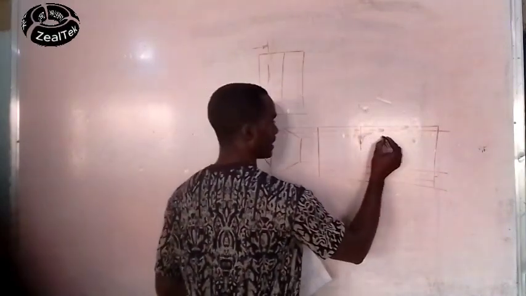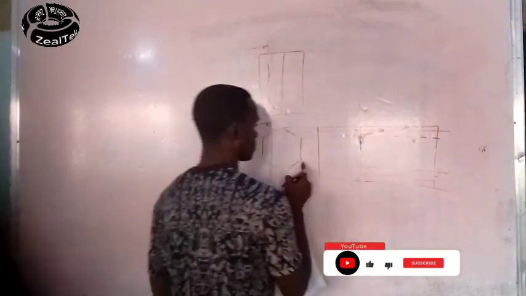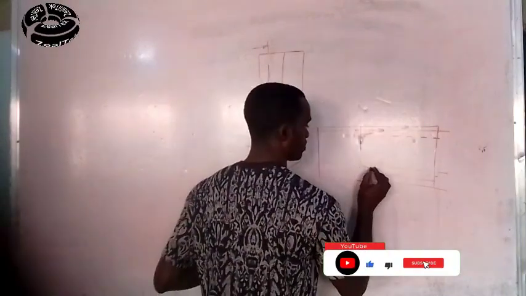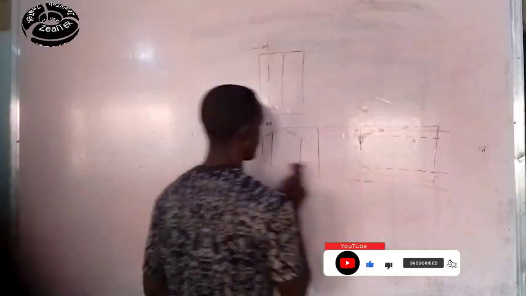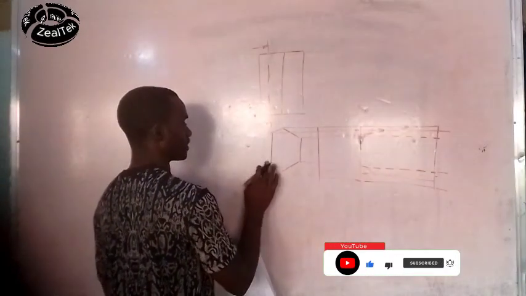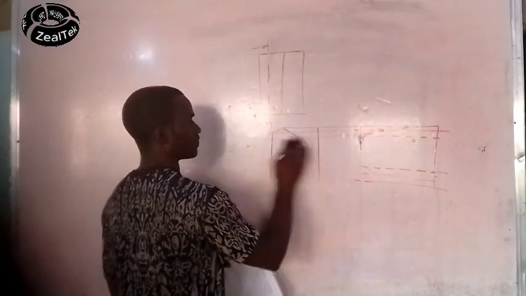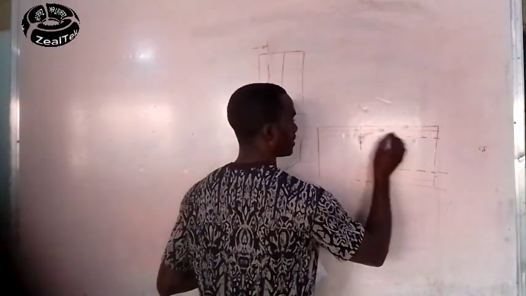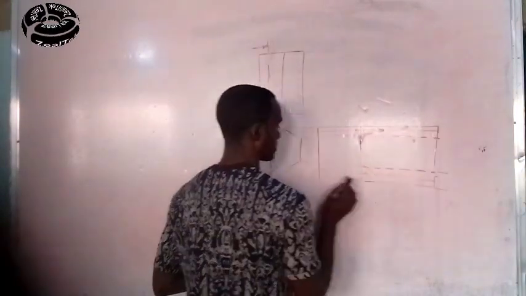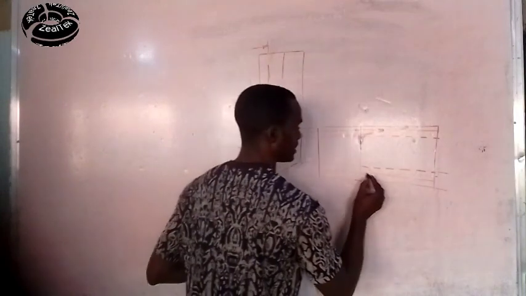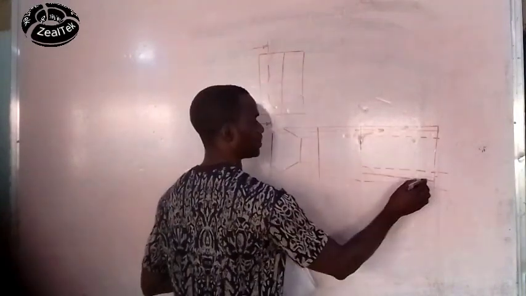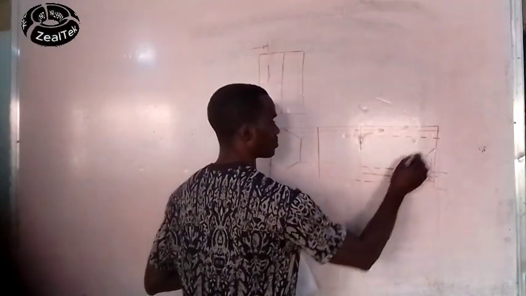So it's going to be a dashed line. You can't see this one. This area has been removed. So what we are left with is this thick one. That means from here to here has been affected by the cutting tool.